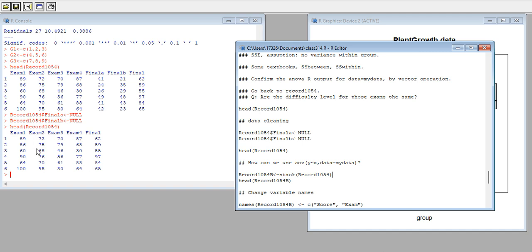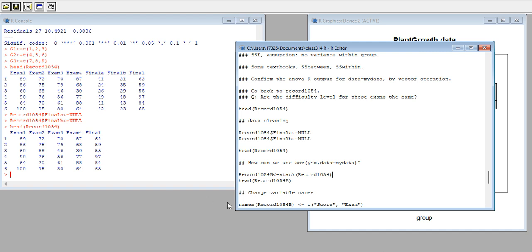So we should change the data format to this way, like data y, like we put final exam, then we put those as exam one, let's say previous exam, exam one, exam two.